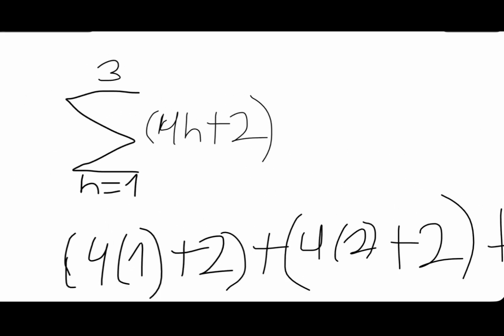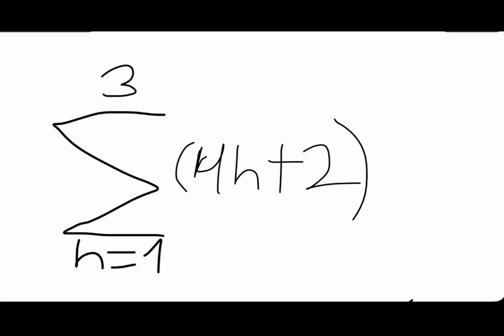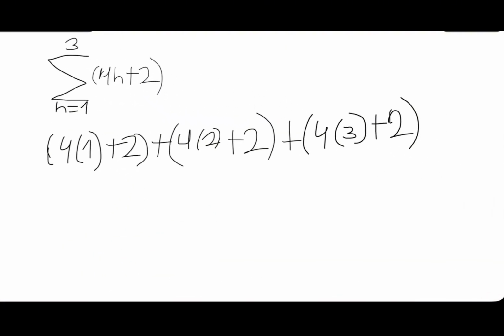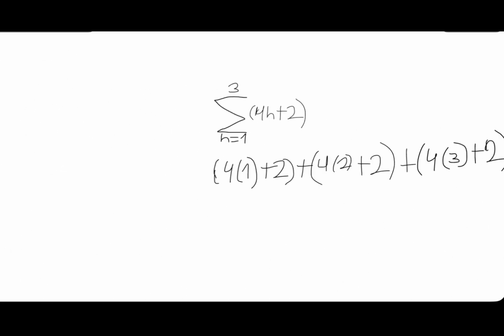Wait, I'm stupid. I'm sorry. Just a kid, okay? So that's basically what this is equal to. Since we know that it increases every loop, we can create this. So there's going to be 3 of those little functions.